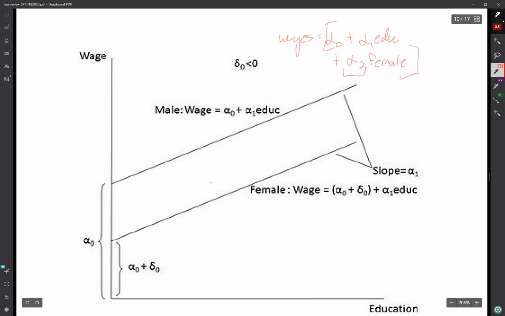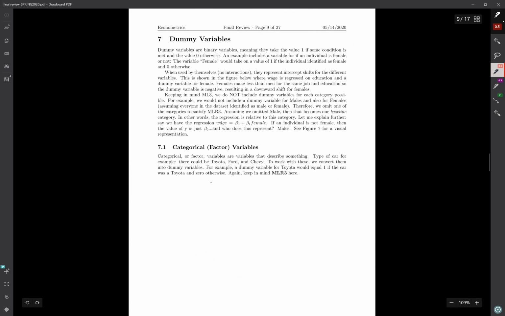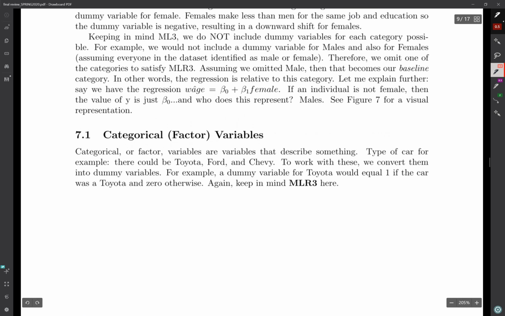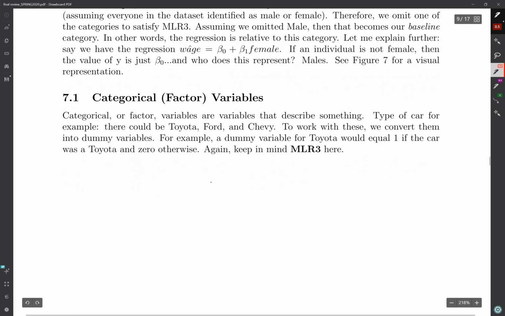Okay, so that's in general what we can think about as a dummy variable, at least when they're on their own. As I mentioned before, we could have some variables that are categorical. They could be more than just binary, so 0 and 1. One of the main ones that we talked about for that are the car types. So we could have Toyota, Ford, Chevy.